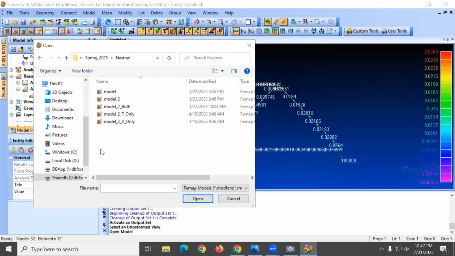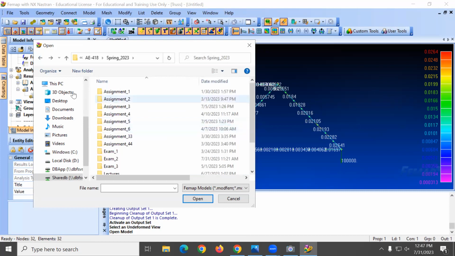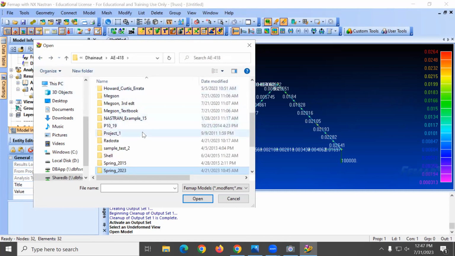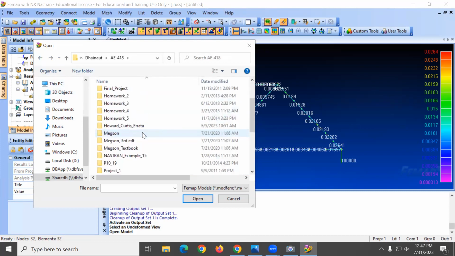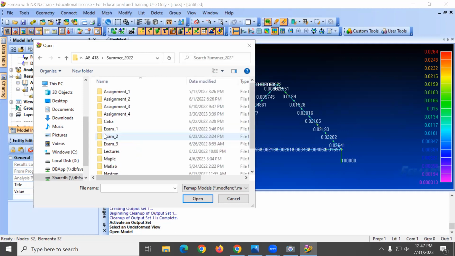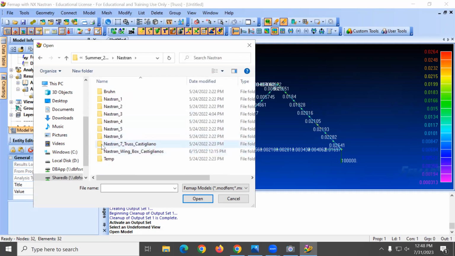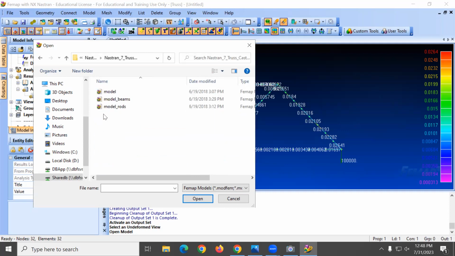Nastra. Then we do this one, truss. Let's see, another semester. Got a folder here called Nastra. Summer 22, no idea. Truss Castillo, maybe that one. Oh, so that one gives problems. I see now. I did 3 models, you wanted to use beams, so let's see what is the issue here.